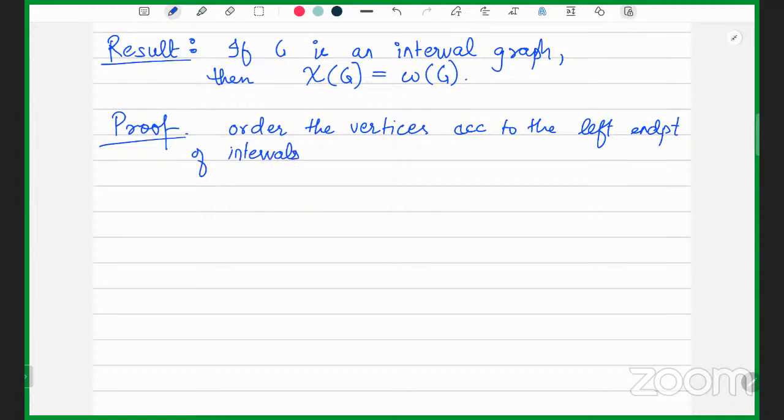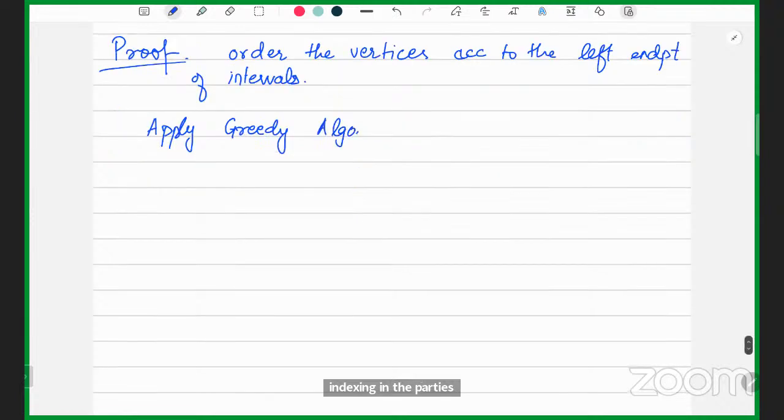So whichever intervals have the lowest endpoint get the lowest index in the ordering. Okay. And now you apply the greedy algorithm.